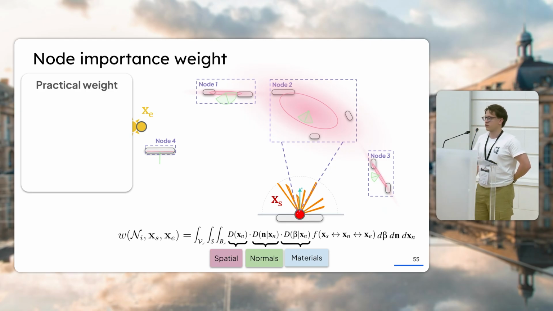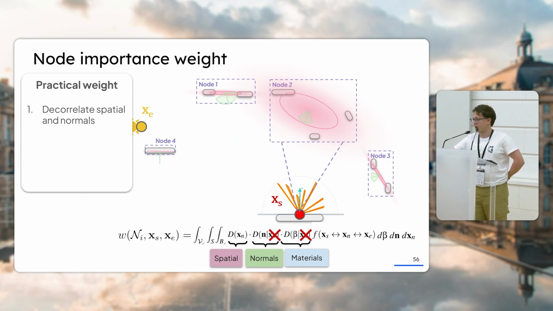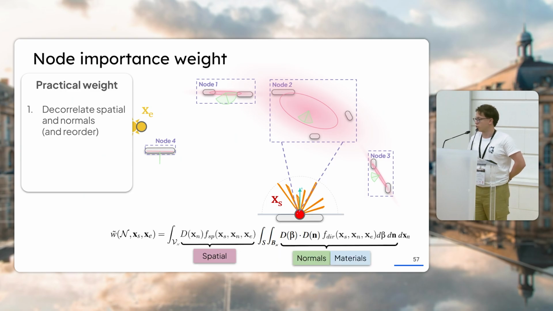Then we are going to see how we can leverage this statistical formulation to compute a practical node importance weight, which can be quickly evaluated. For that, what we first do is decorrelate the spatial and normal distributions. And this allows us also to reorder them. So we split the spatial and the normal and material distributions.